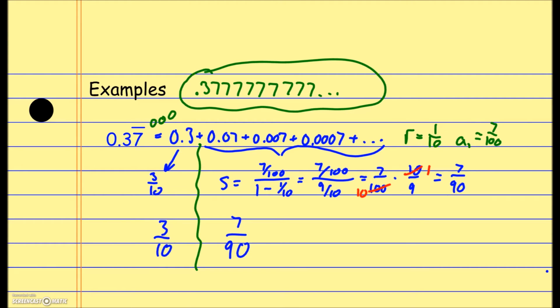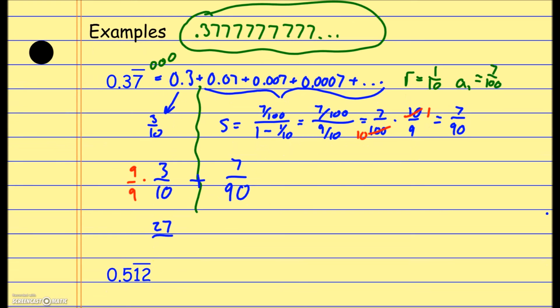All I need to do is add these things back together the way they were to start, so I need common denominators. I multiply this one by 9 over 9 and end up with 27 over 90 plus 7 over 90, which is 34 over 90, which reduces to 17 over 45.